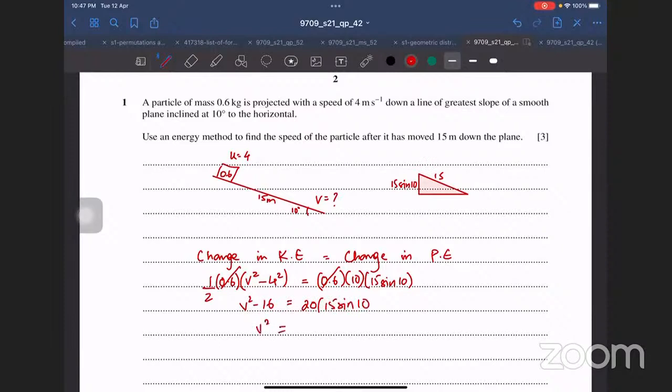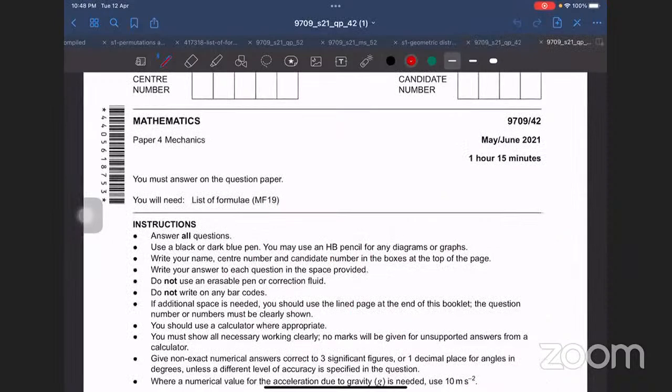V square equals 300 sine 10 plus 16, and then a root. So 300 sine 10 plus 16, root, gives 8.25.